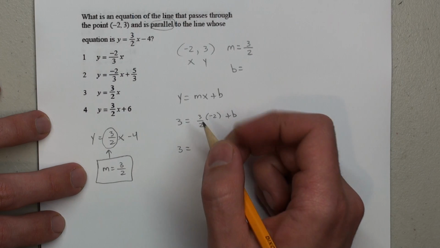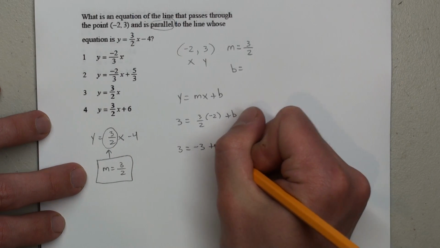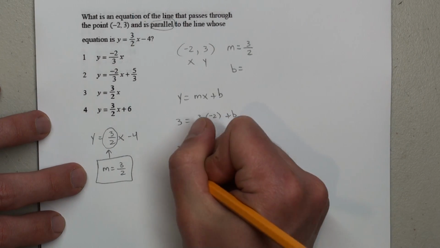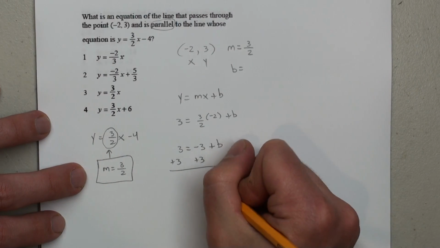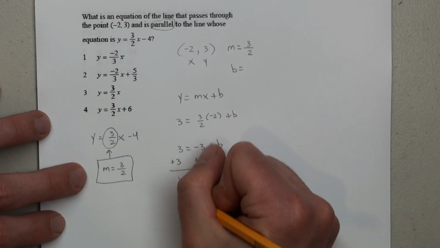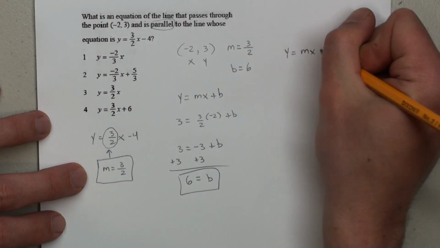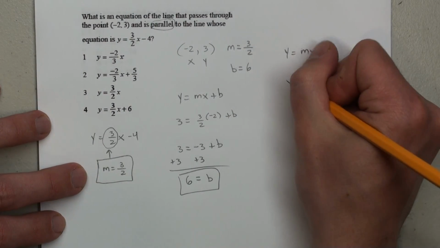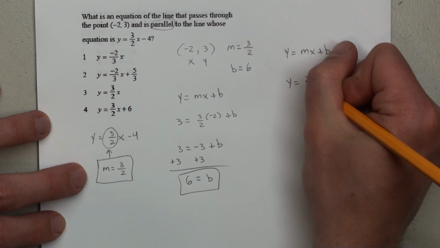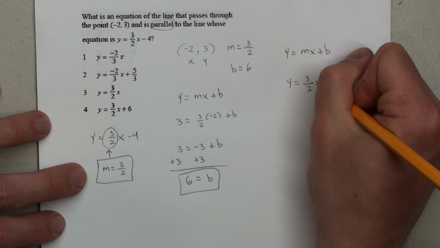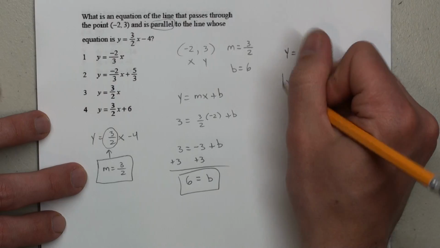Negative 6 divided by 2 is negative 3 plus b. Add 3 to both sides to find out what b is. B is 6. Now I have everything I need for the equation of my parallel line. Y equals 3 halves x plus 6.